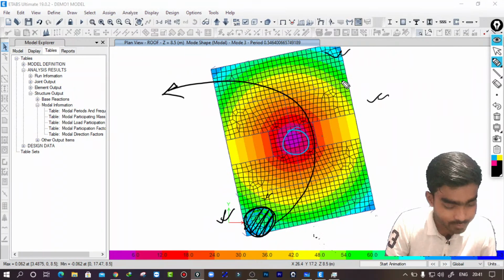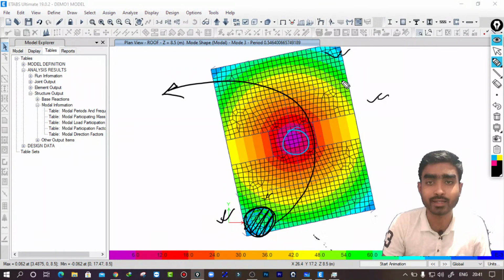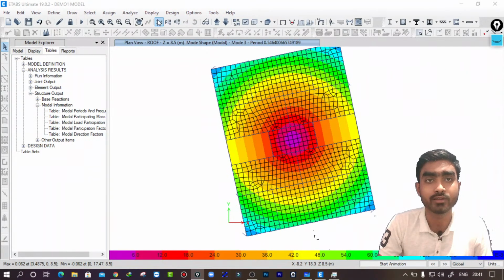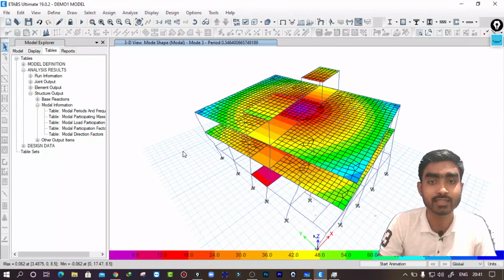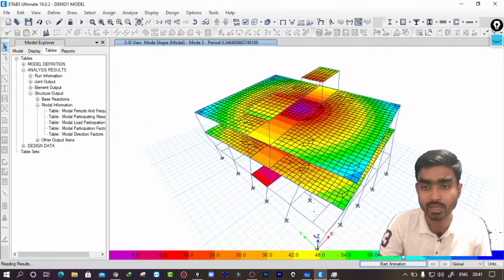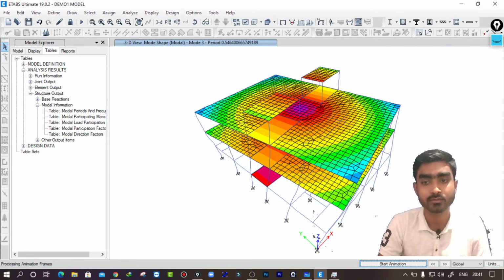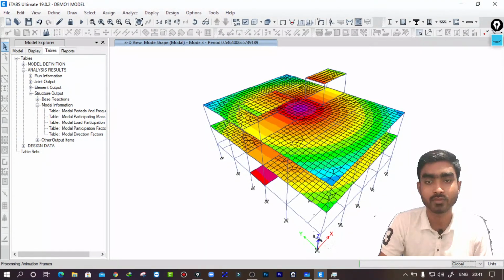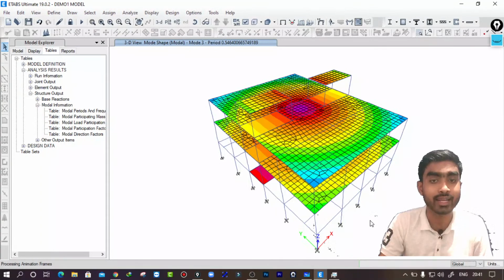But yeah, I can show you the animation also. Let me show you the animation for the third mode. Let's go to the 3D view so that you can visualize how it is moving. Let's turn on the animation. See, this is not under any lateral load.